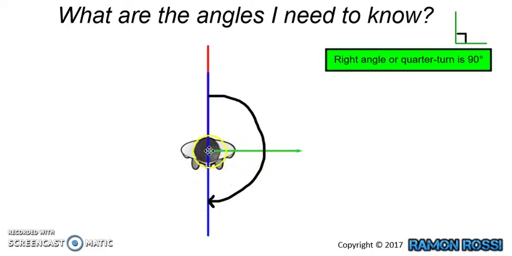So we've got really two L shapes. Let's just draw that in, just to be absolutely sure we know what we're talking about. So this is the first L shape that he's done. That's the first bit of the turn. Then he's done another L shape here. So he's done two L shapes.